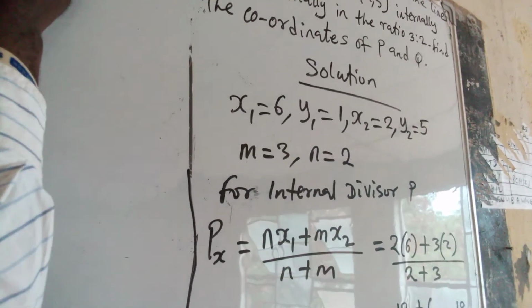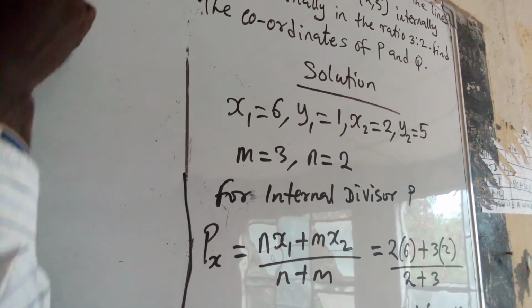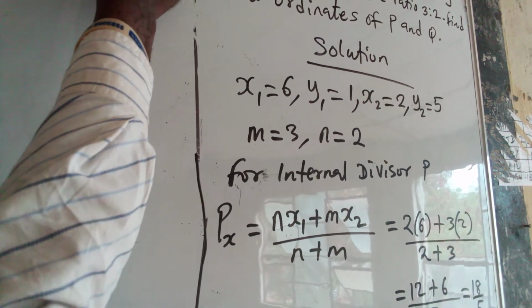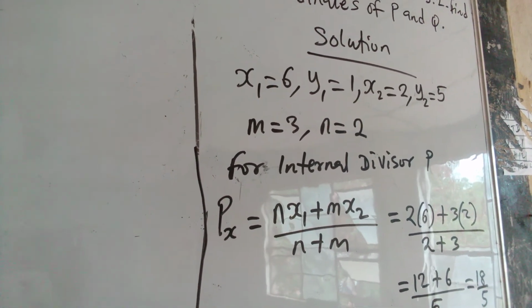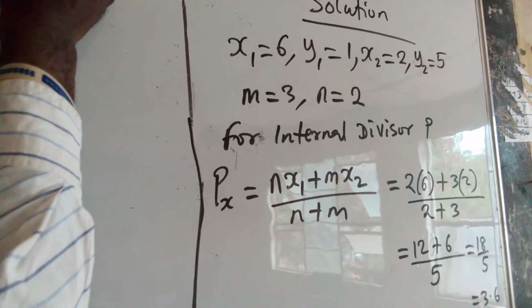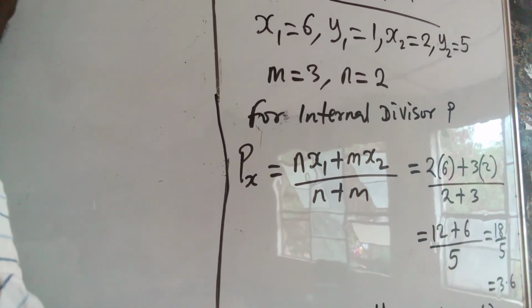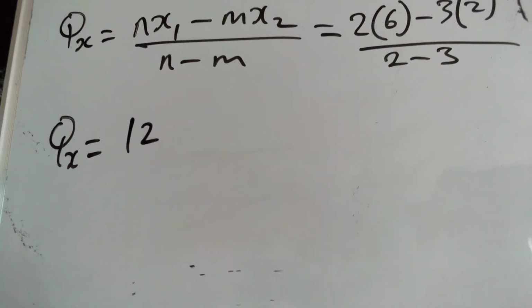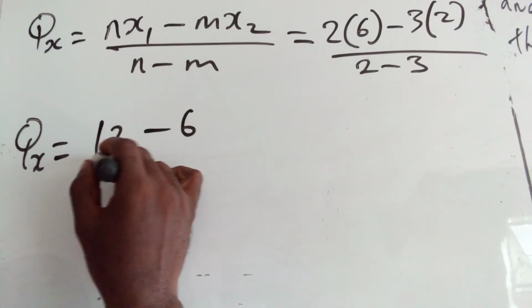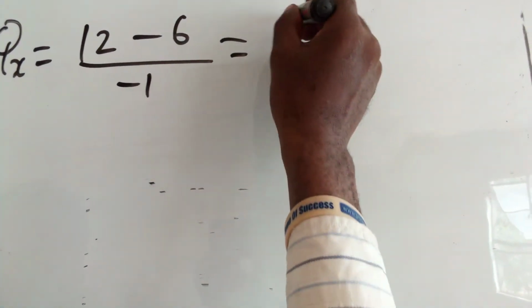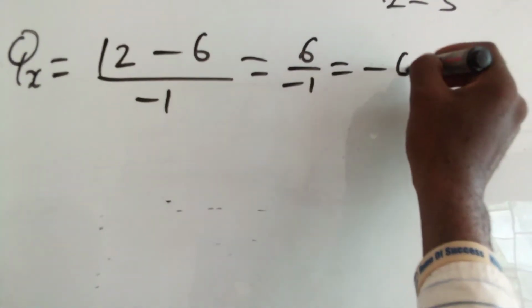Our n is 2, x1 is 6, then minus, what is our m? 3. What is our x2? 2. All over n, which is 2, minus 3. So it's going to give us 2 times 6, 12. 3 times 2, 6. 2 minus 3 is minus 1. So 12 minus 6 is 6 over minus 1, which is minus 6.